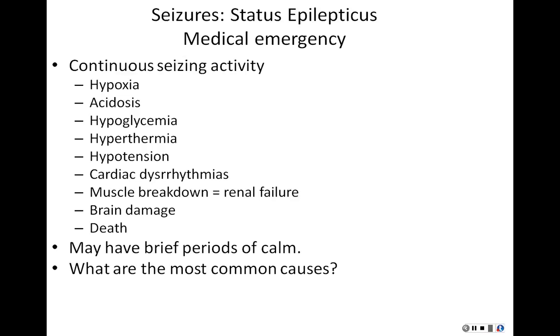The most common cause of status epilepticus is sudden withdrawal of an anticonvulsant drug. Other things that can cause it are infections, acute alcohol withdrawal, head trauma, cerebral trauma, same difference there, and metabolic disturbances. Okay.